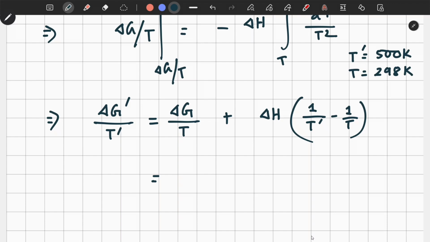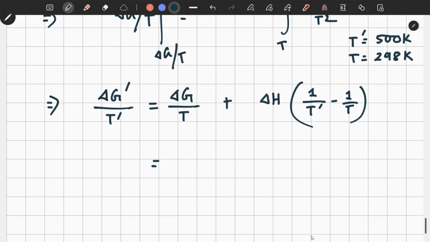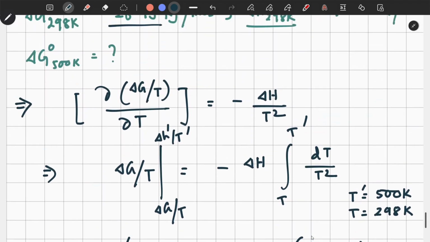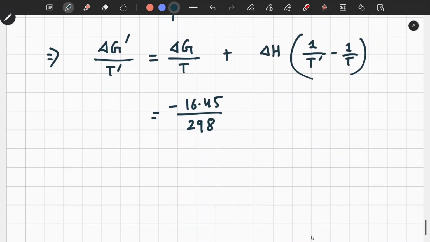This value is given. This is at 298 Kelvin. So this value is minus 16.45 kilojoule divided by 298 plus del H, which is minus 46.11, and this will be 1 by T. So calculate it.